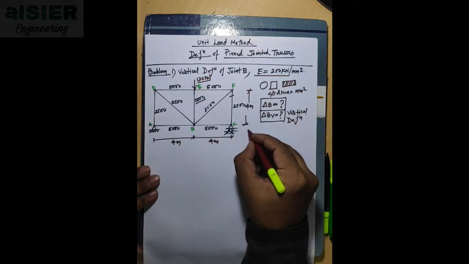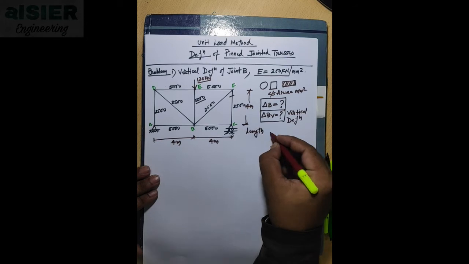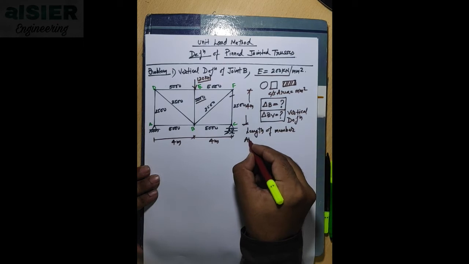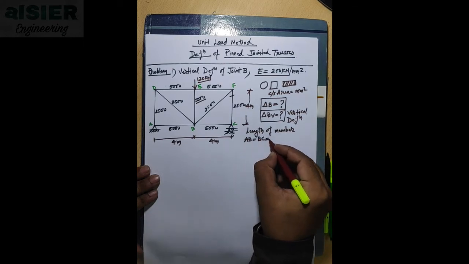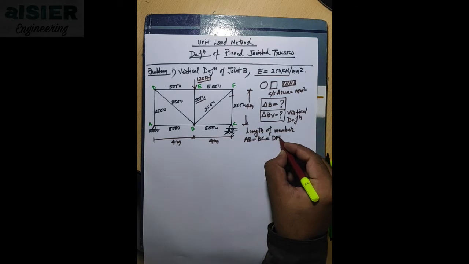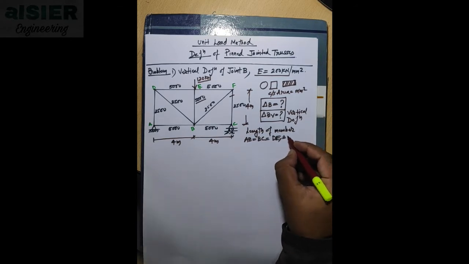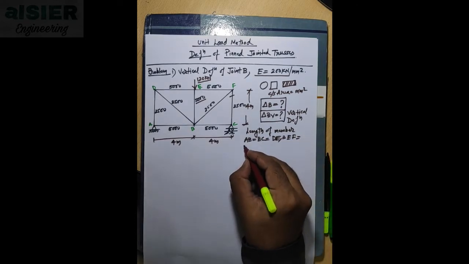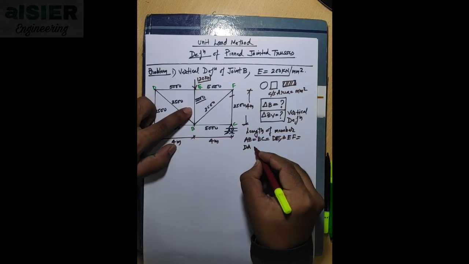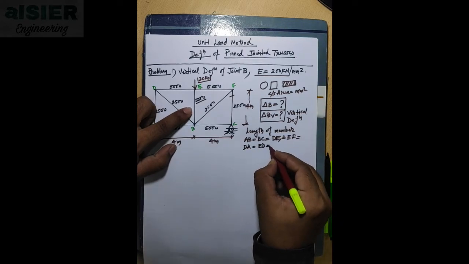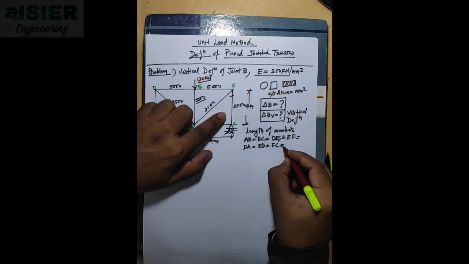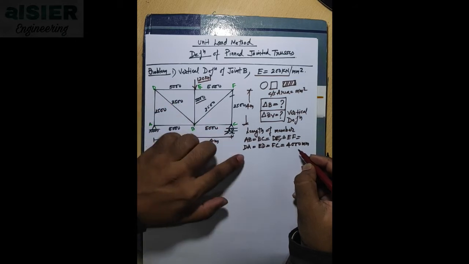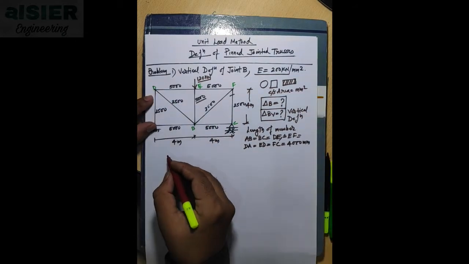So we'll write down here the length of member AB is equal to BC is equal to DE is equal to EF is equal to DA is equal to EB is equal to FC is equal to 4000 mm, right? So this is known to us.